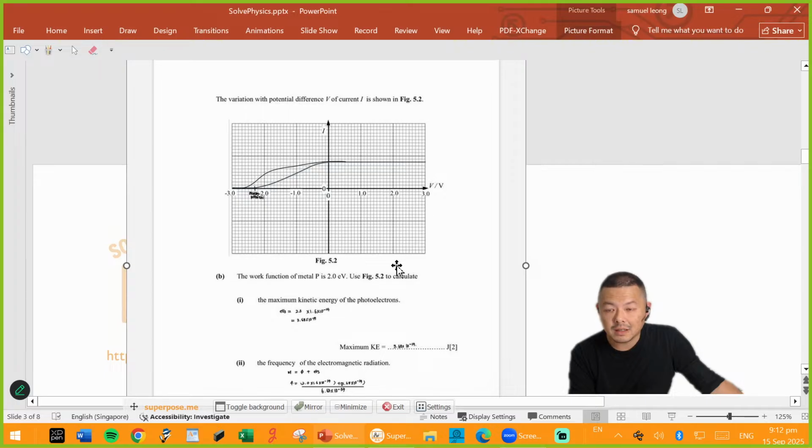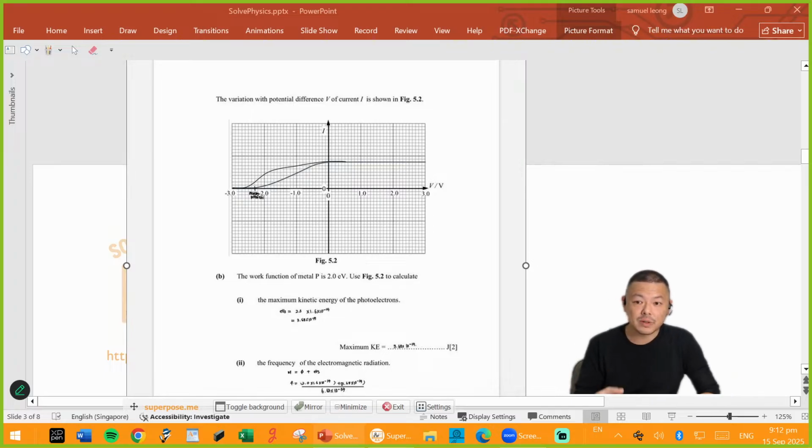I'll just tell you this: please remember that all physics equations are in SI units. Every single physics equation is always in SI units. That's what the SI units are for. Everything is SI units.